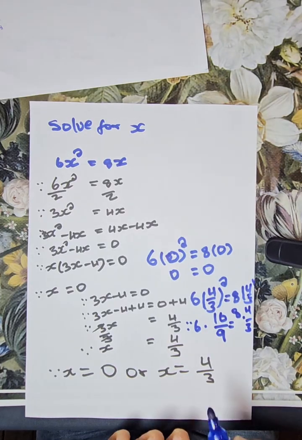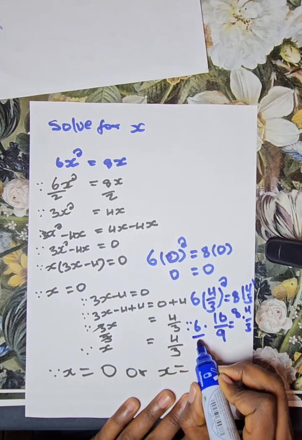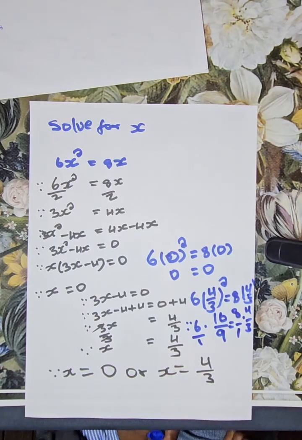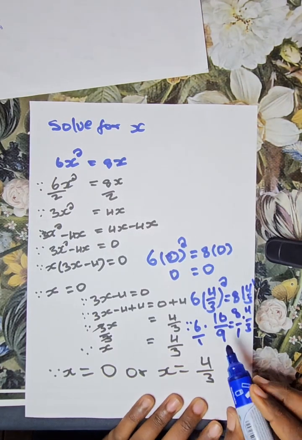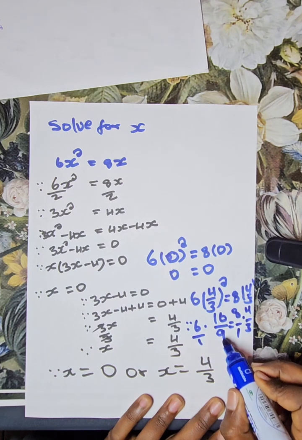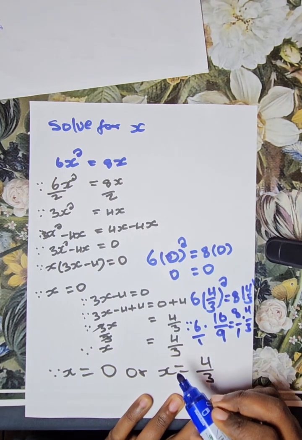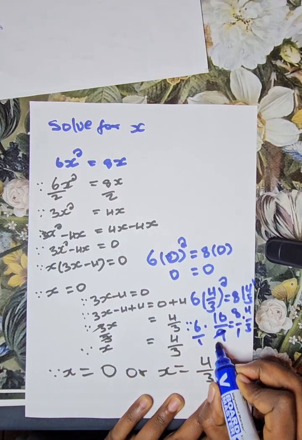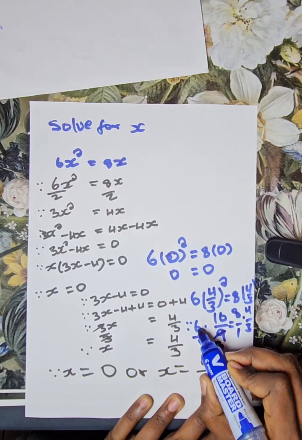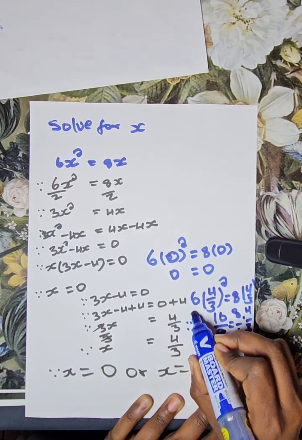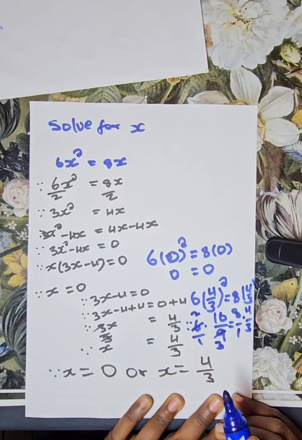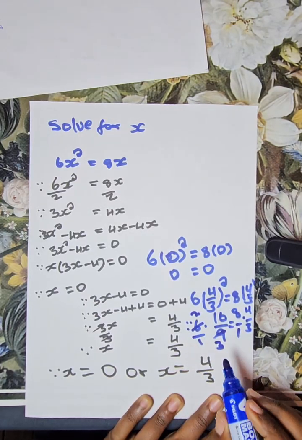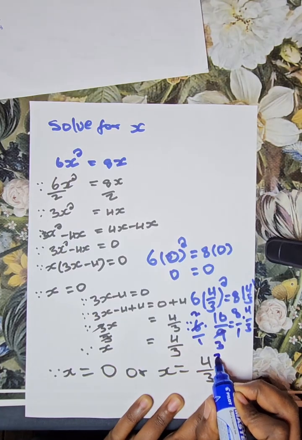Now if I simplify both sides, let's cancel out common factors. 6 and 9 can be divided by 3. If I divide 9 by 3, it gives me 3. If I divide 6 by 3, it gives me 2. Now multiply 2 by 16, which gives us 32.